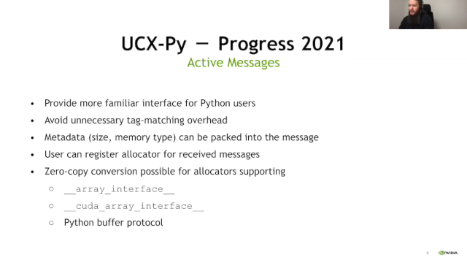Because buffer allocators support the array interface, CUDA array interface, or Python buffer protocol, the received buffer can be converted to a different object type with zero copy when the destination object has the same type. So there shouldn't be too much overhead in doing that.